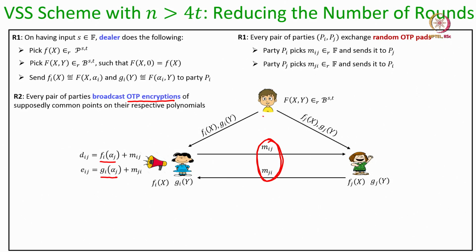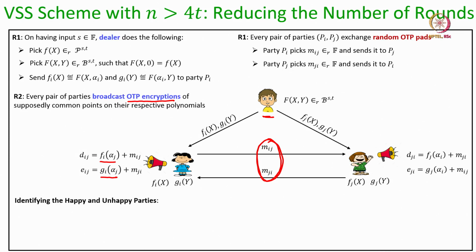Whereas, if the dealer is corrupt, it will not know beforehand what pads have been exchanged between pi and pj, and that implies that if the dealer has given inconsistent polynomials to pi and pj, then the OTP encryptions will mismatch and there will be a conflict between pi and pj.